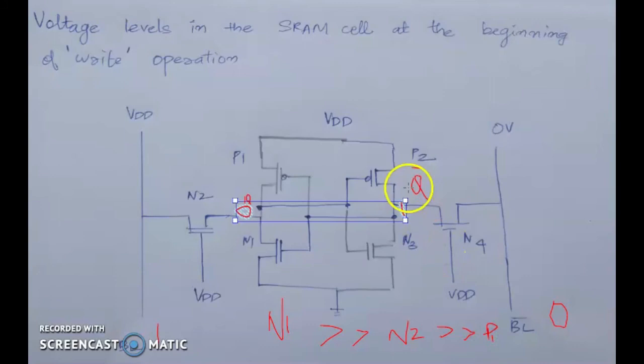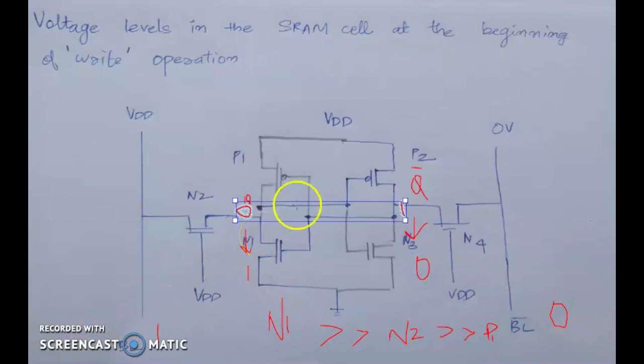Then only N1 is forced to cut off during this write 1 operation, and when this transistor is cut off, consequently this transistor will become on and thus changes the stored information. Now we get Q as 1 and Q bar as 0.